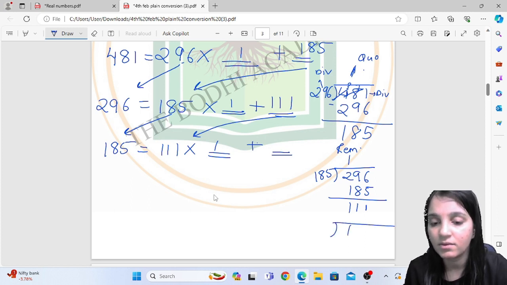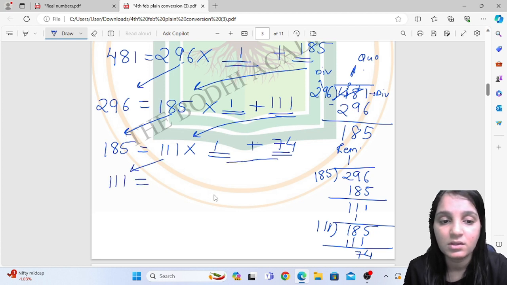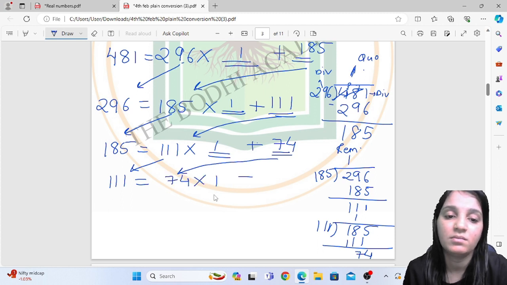Then again 185, 111, here 74, and 111 equal to 74 into 1 plus the remainder.